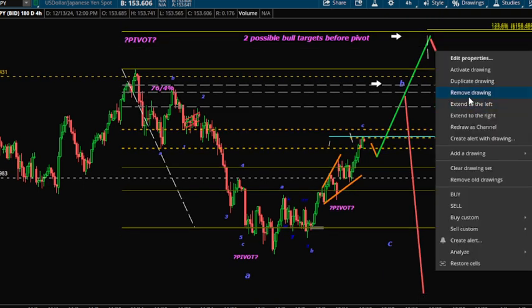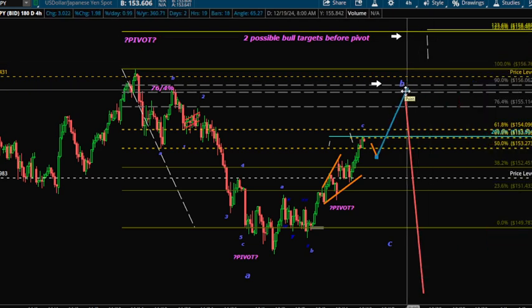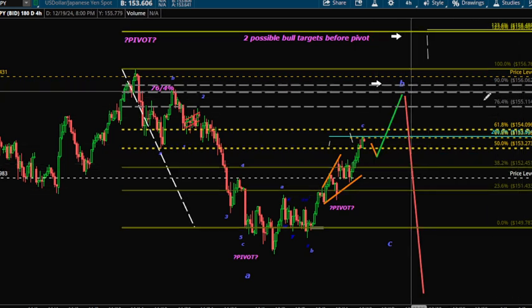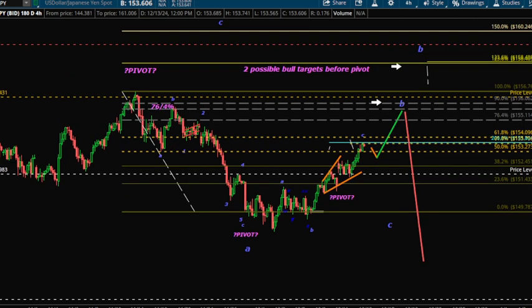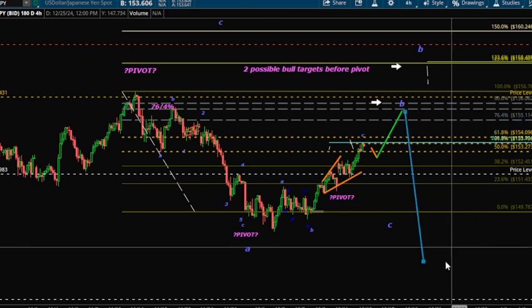So I'm going to remove this, shorten this up. I think this is as high as it could go until we start our minor leg C down.